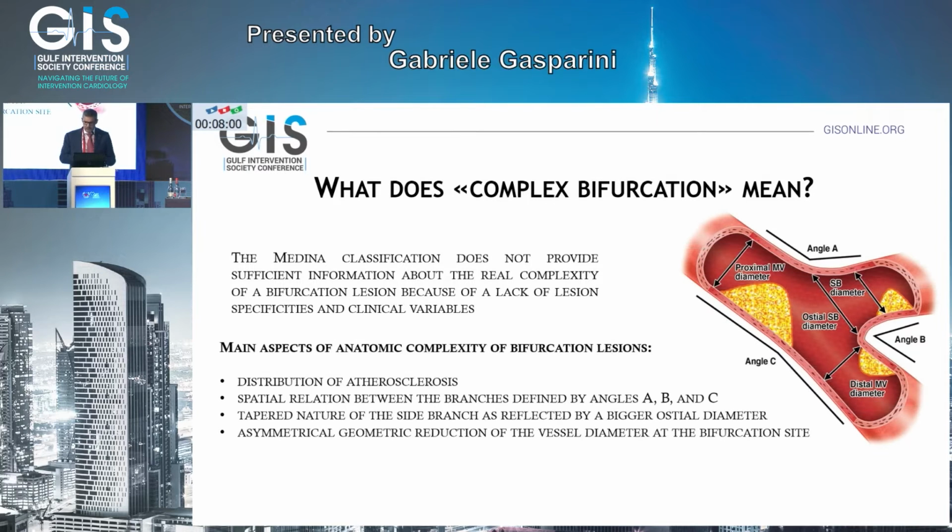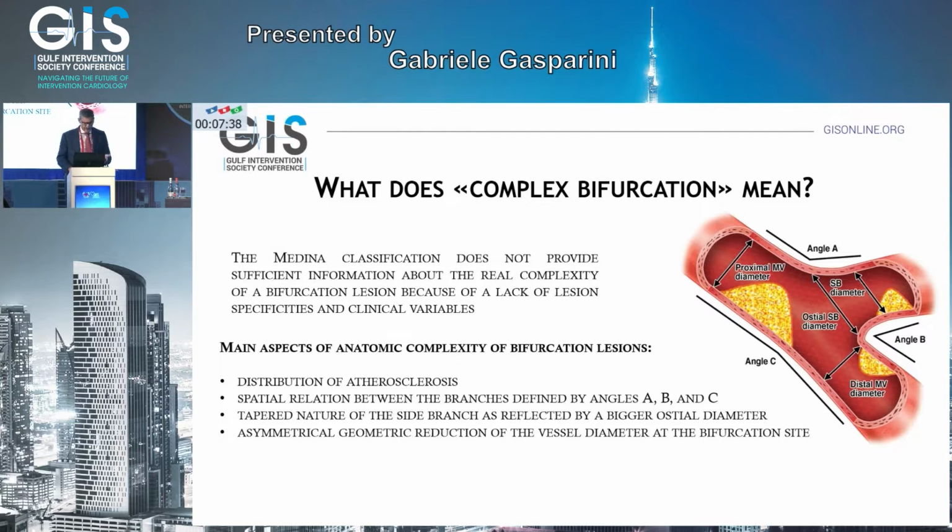As Mirvat pointed out, we should keep in mind the main aspects of anatomic complexity of bifurcation: the distribution of atherosclerosis, the spatial resolution between the branches defined by angles, the tapering nature of the side branch, and the difference between the diameter of the side branch and the ostium of the side branch.